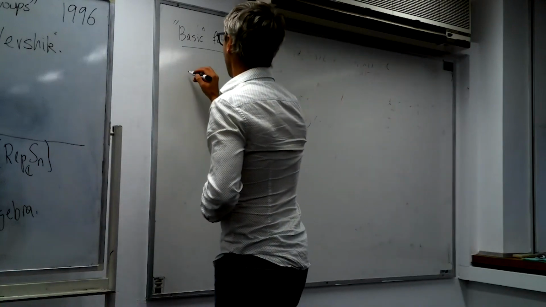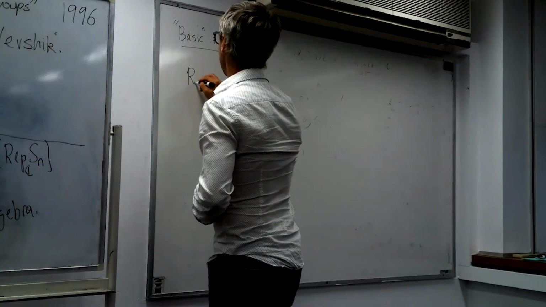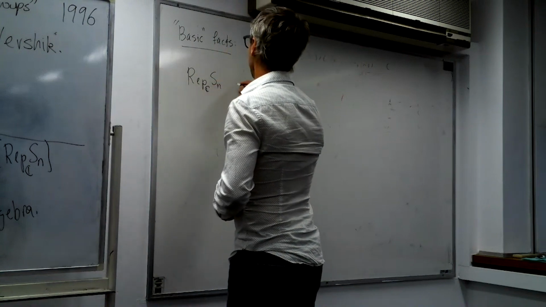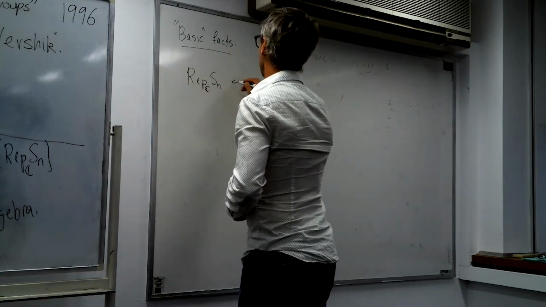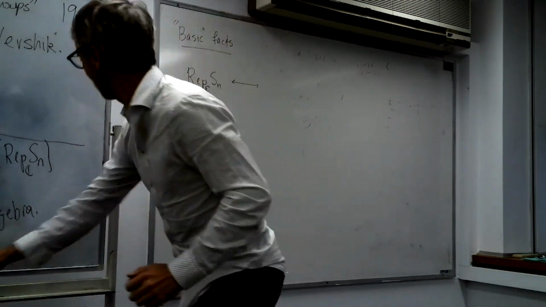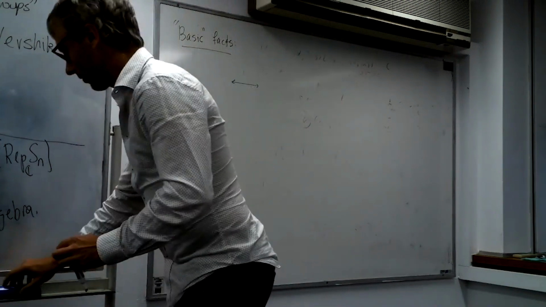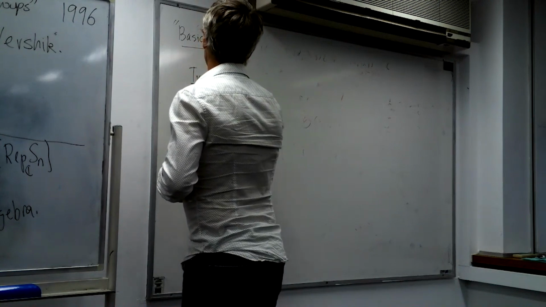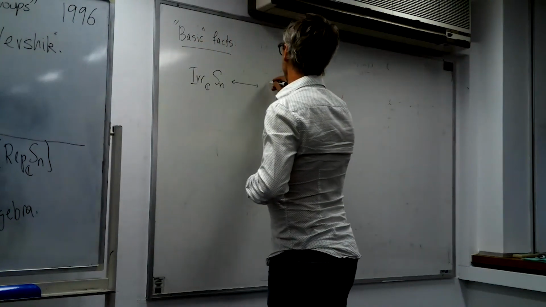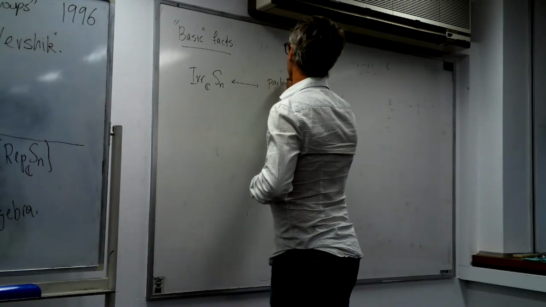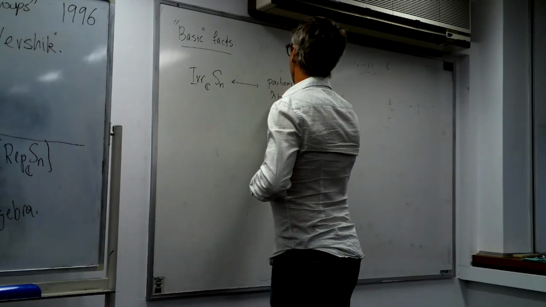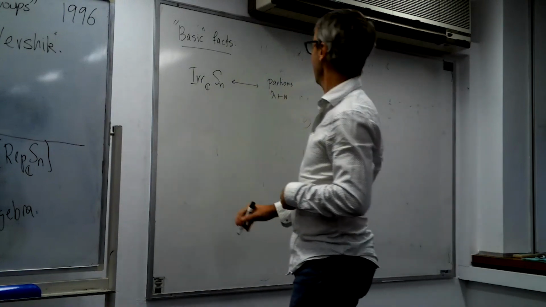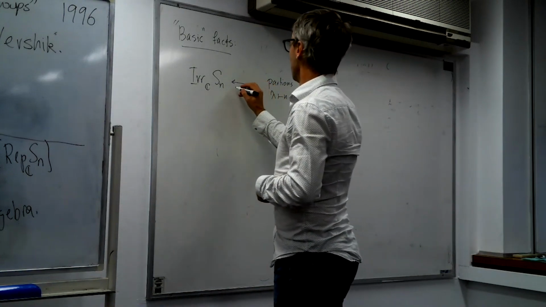So the basic facts are that the irreducible representations over C of S_n are in bijection with partitions lambda of n. So this is canonical.